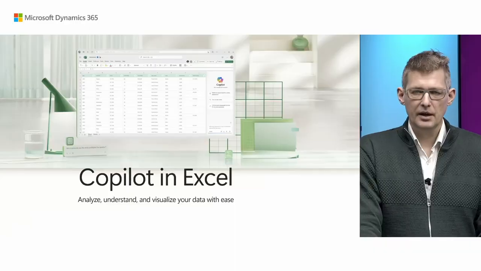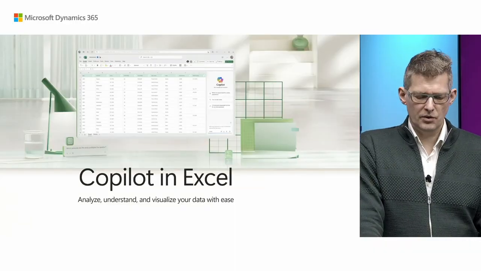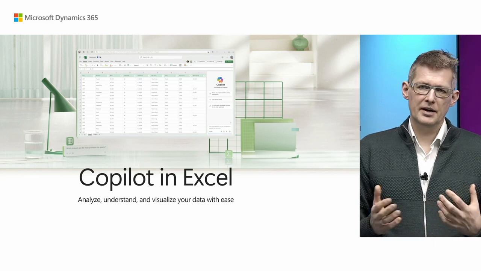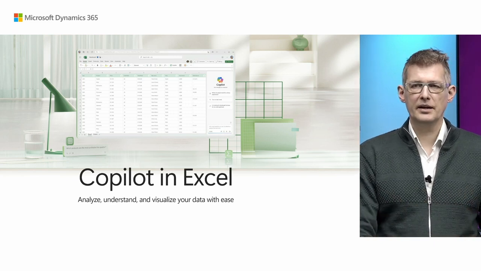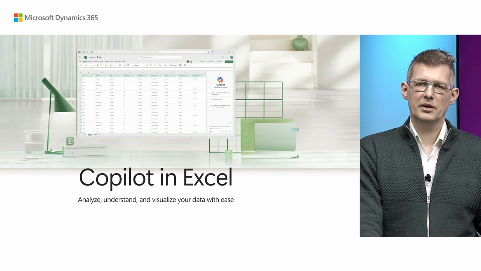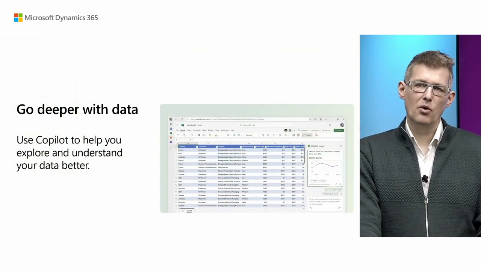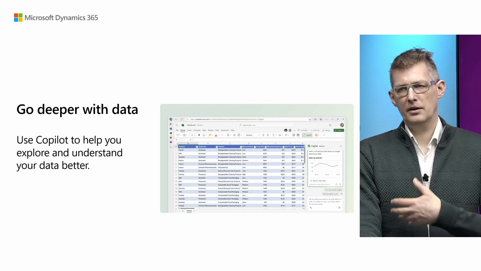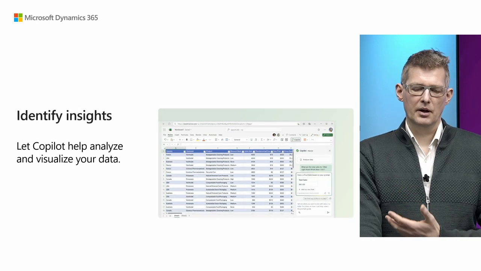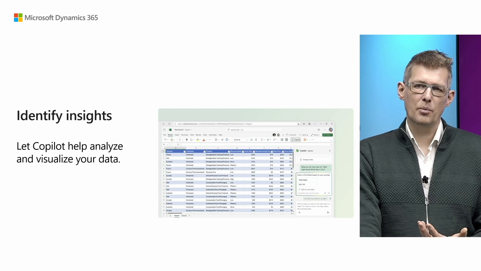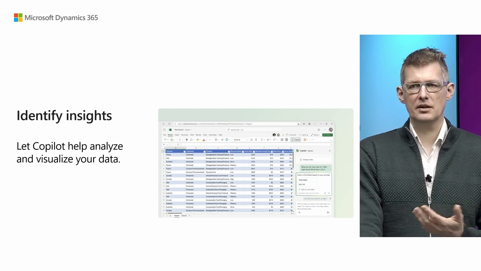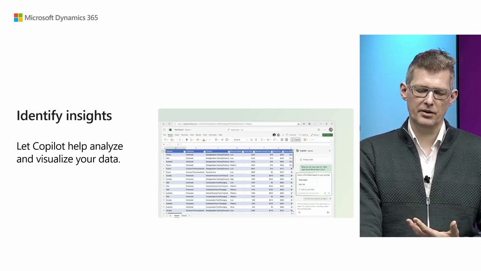Excel Copilot, you should think of this as a way to analyze, understand, and visualize your data with a Copilot experience. So for instance, maybe explore your data using Copilot, natural language interface for it, or maybe let Copilot suggest things, maybe look for outliers and other things.